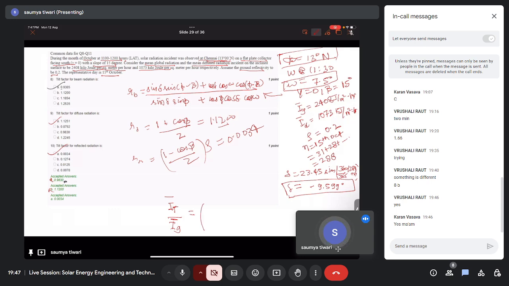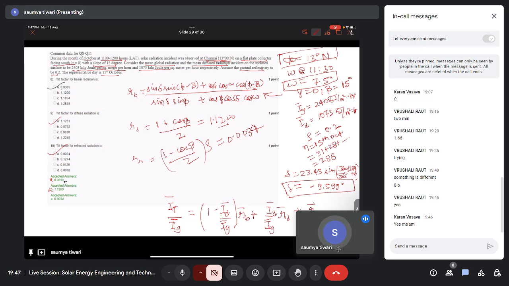This will be (1 minus Id bar upon Ig bar) into the beam radiation tilt factor, plus Id bar upon Ig bar into the diffuse radiation tilt factor, plus the reflected radiation factor.